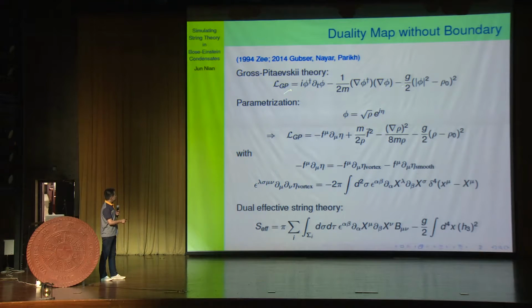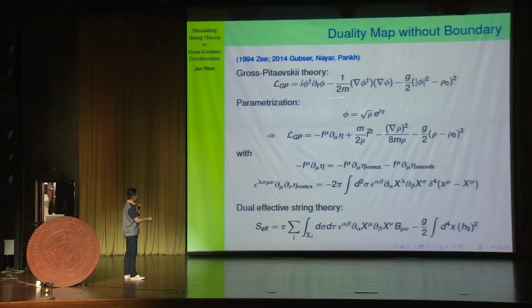Because the effective theory to describe Bose-Einstein condensates is Gross-Pitaevskii theory, and it turns out that we can map this theory to effective string theory. This idea was initiated by Zhang in the 90s and then recently revisited by Gasperini, Nahm, and Parrott.